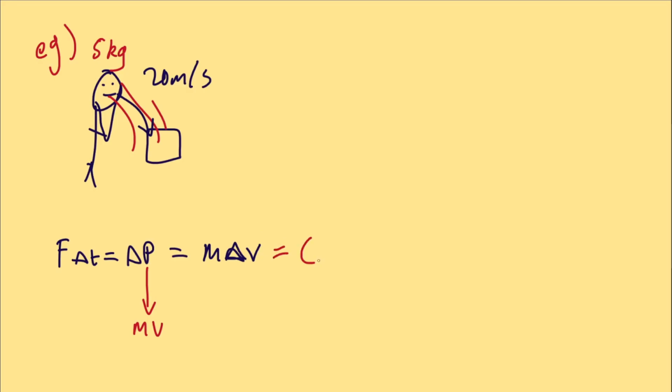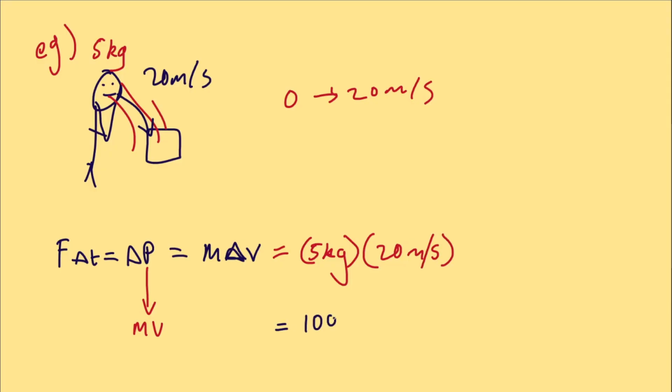Which means that the mass is 5 kilos and the change in velocity is 0 to 20 meters per second. So 20 meters per second. This is equal to 100 kilos times meters per second, which is a weird unit of measurement, but if you remember, that's how momentum is measured.